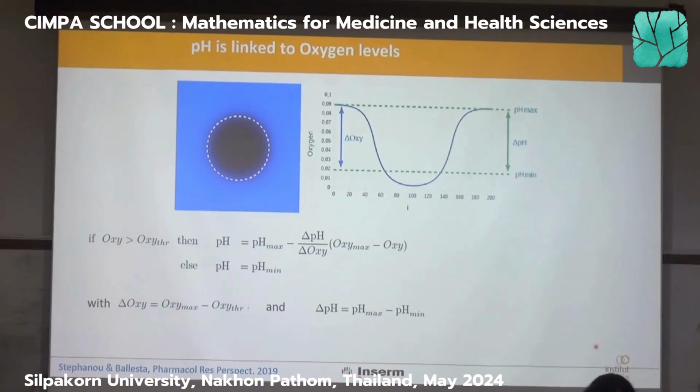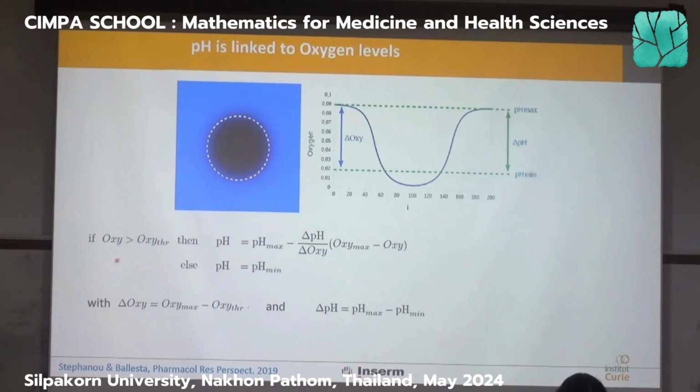So here, this is the map I just showed you with the oxygen level, and here this is drawing the oxygen level for one cut like this, horizontal cut. So I is just this coordinate, the horizontal coordinate. And we are looking at the oxygen here. And basically the idea is that we don't want the pH to go below some physiological threshold, and we don't want it to go above some physiological threshold either.